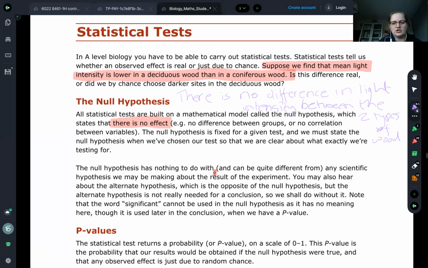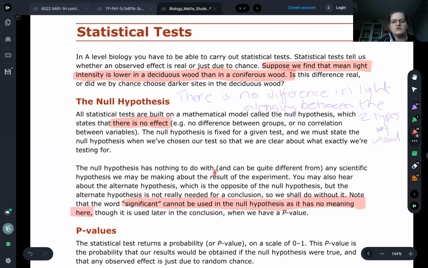It has nothing to do with, and can be really different from, the scientific hypothesis you're actually making about the results of the experiment. Alternate hypotheses are the opposite of a null hypothesis, but the alternate hypothesis isn't needed for a conclusion, so we just don't bother with it. Really important, the word significant cannot be used in the null hypothesis as it has no meaning here.